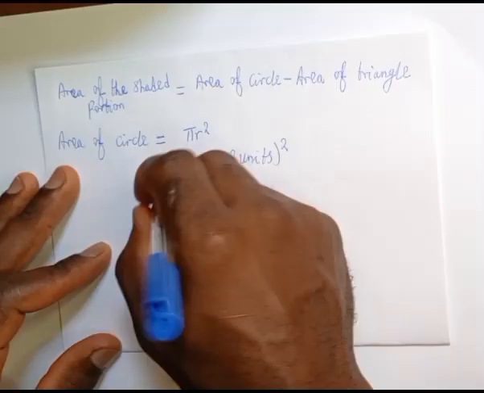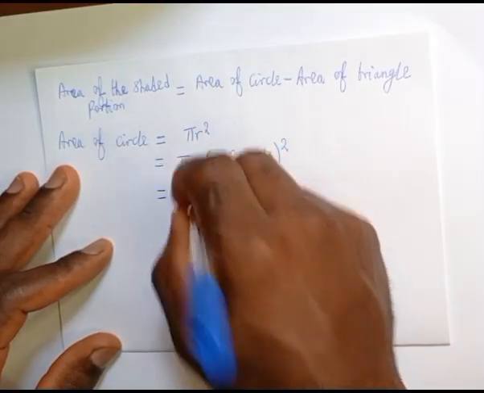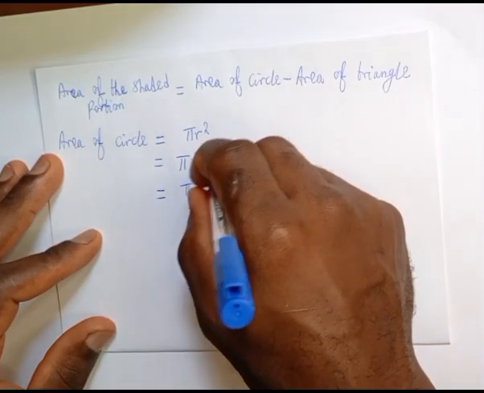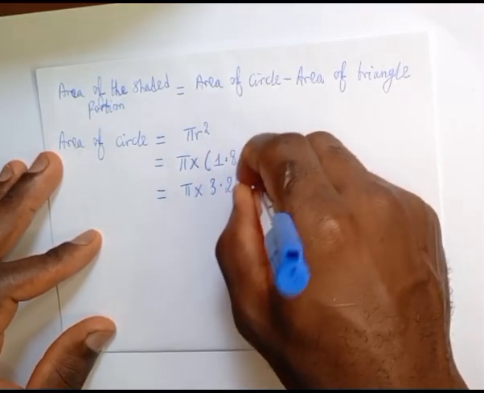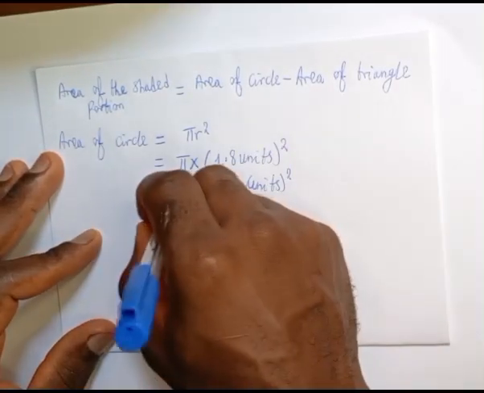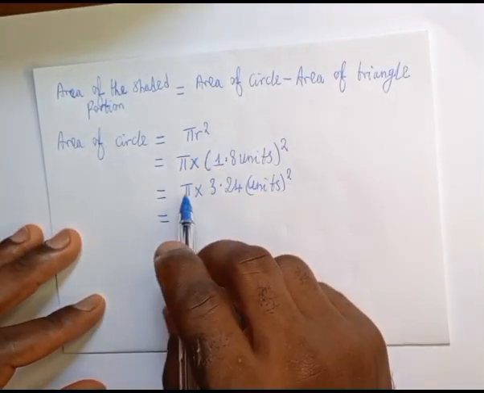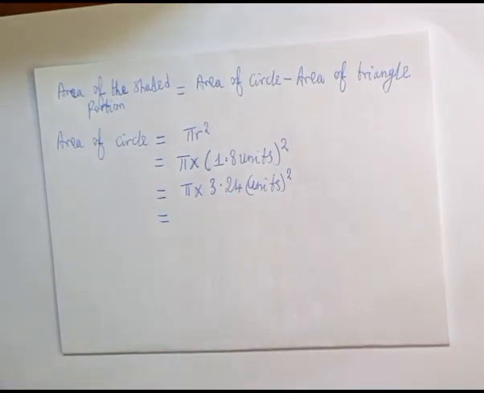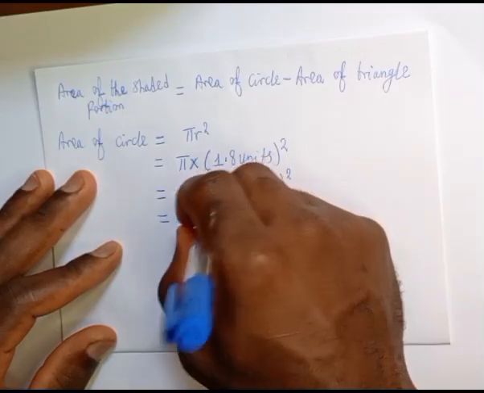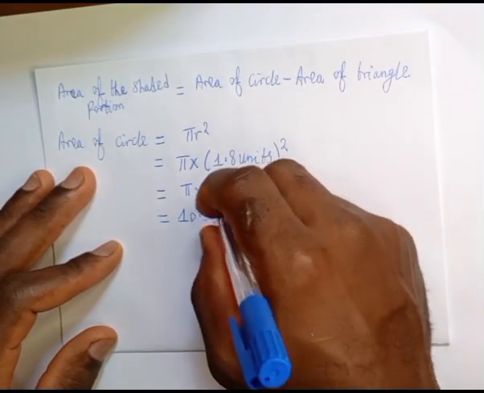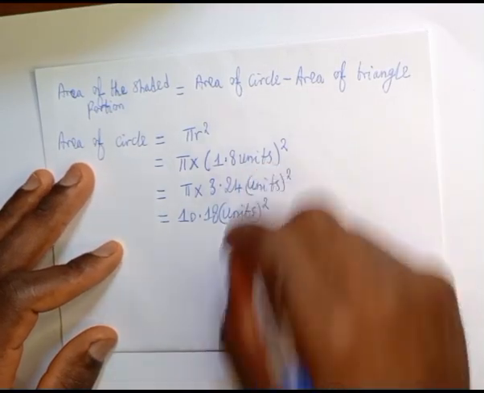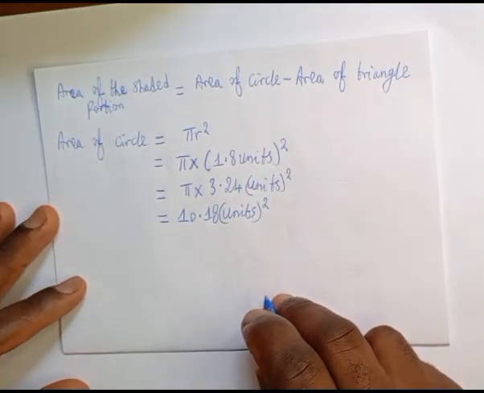This will be equal to pi times 1.8 squared, which gives us 3.24 units squared. We take pi times 3.24, it gives us 10.18 to 2 decimal places, 10.18 units squared, since we are calculating area.